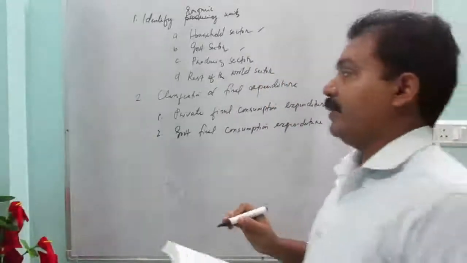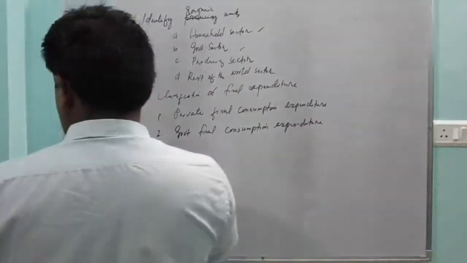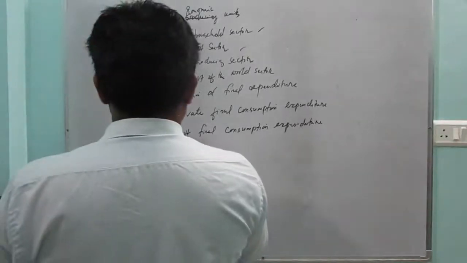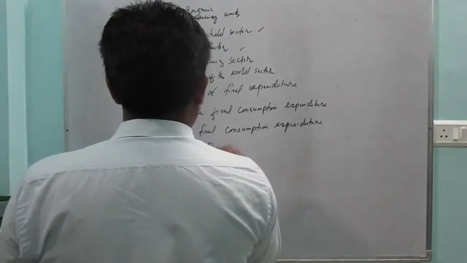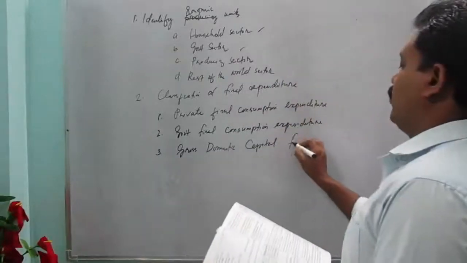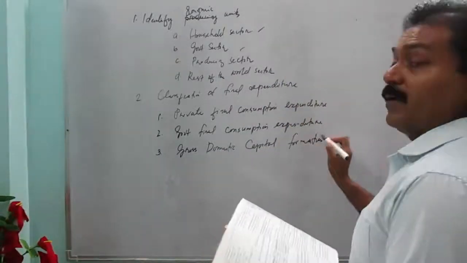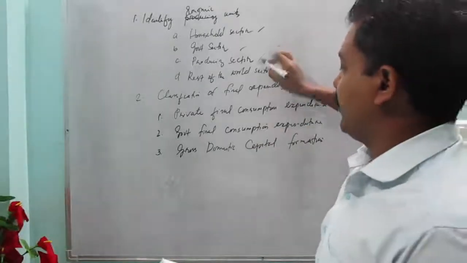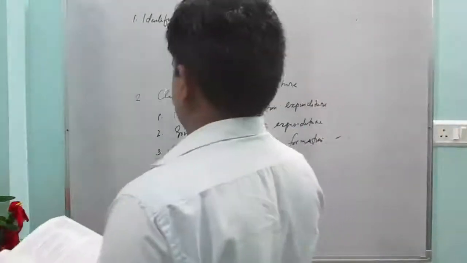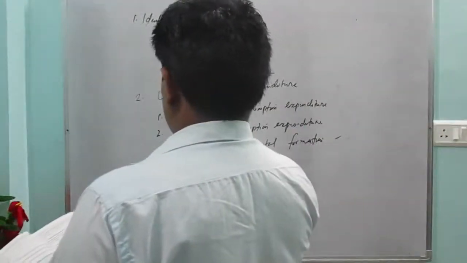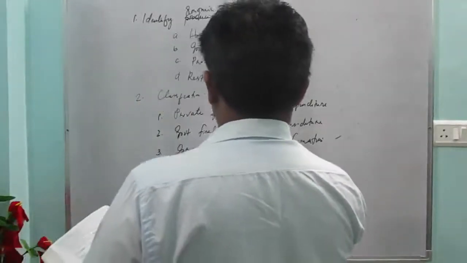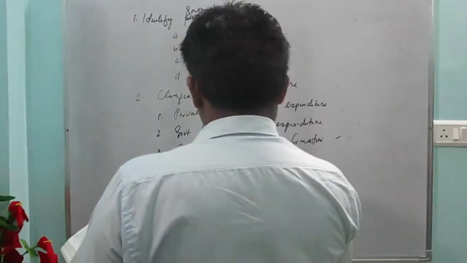And then the third one, gross domestic capital formation, that comes in the producing sector. Both the government and private sector will come in this. And then the next one, net exports, X minus M.